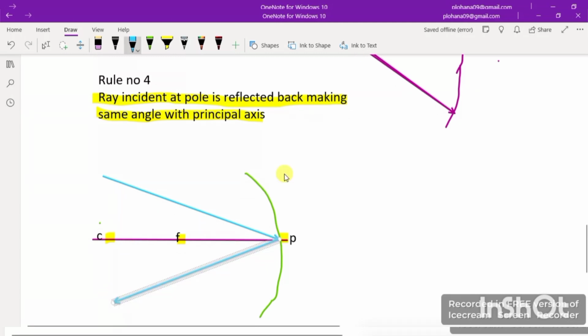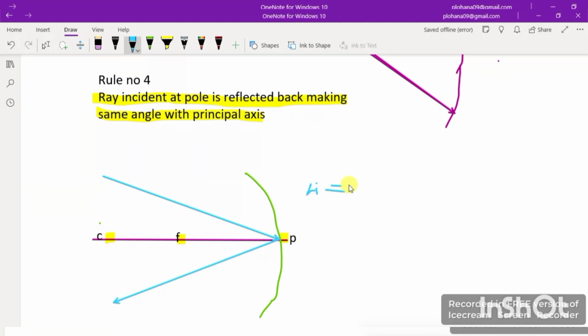As we studied in our last lecture, the law of reflection says that the incident angle is always equal to the reflected angle, right? So if this incident ray is coming, it will make some angle here as well. Suppose this angle is 30 degrees, so this reflected ray will make an angle of 30 degrees as well.